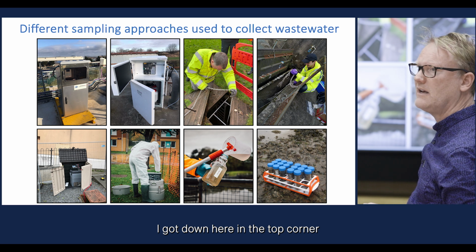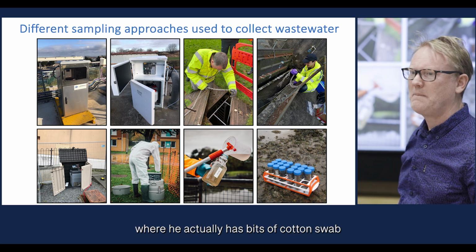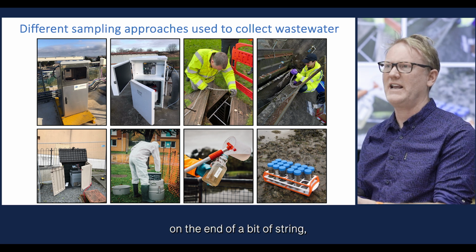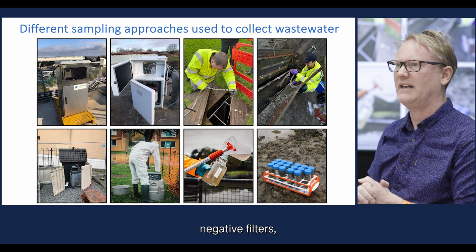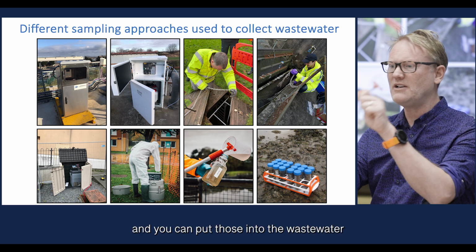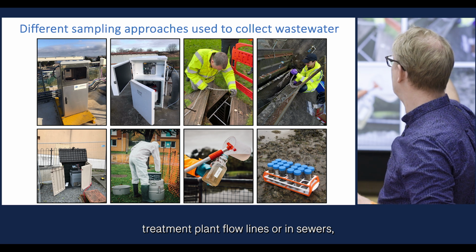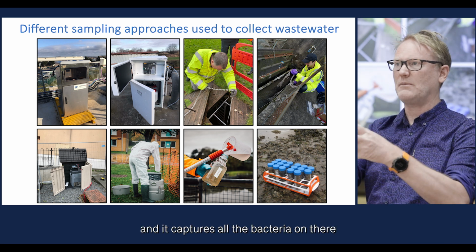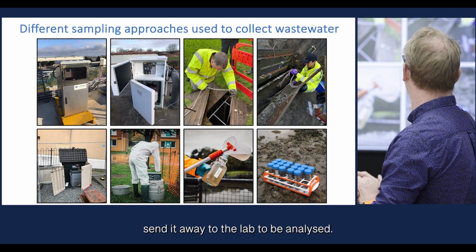We've got Dan here in the top corner, where I like to call it pond dipping, where he actually has bits of cotton swab on the end of a bit of string, or other materials, electronegative filters, and you can put those into the wastewater treatment plant flow lines or in sewers, and then you can leave them in there for 24 hours, pull them out, and it captures all the bacteria on there, and you can again send it away to the lab to be analysed.